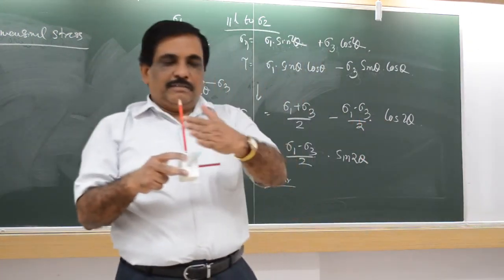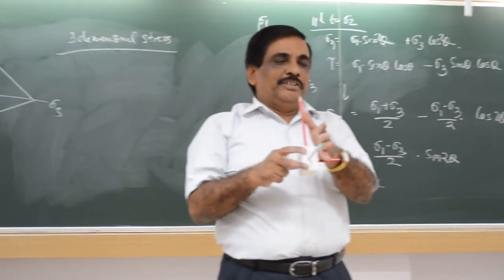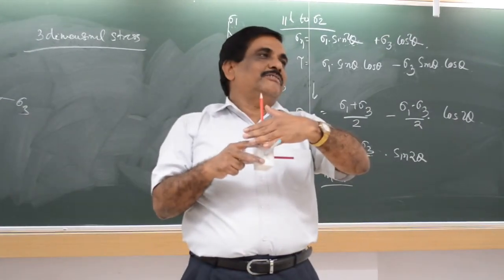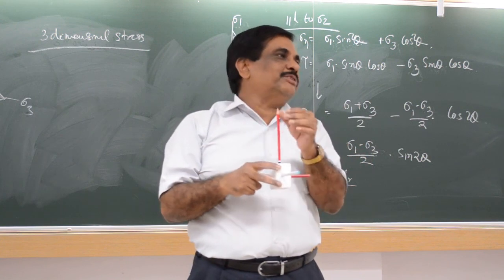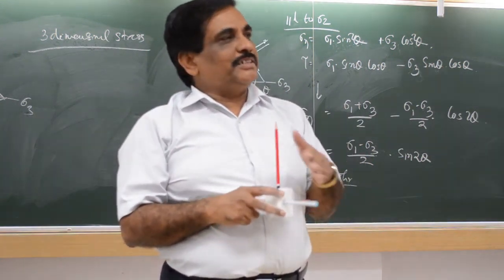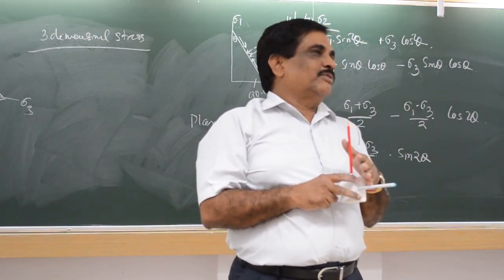If the plane you are making like this is three-dimensional, you make it parallel. You are making the effect of sigma 2 zero. You make it like this and making the effect of sigma 3 zero. You make it like this, making the effect of sigma 1 zero. So it becomes a plane stress. Otherwise, stress is always three-dimensional. So follow this point now.